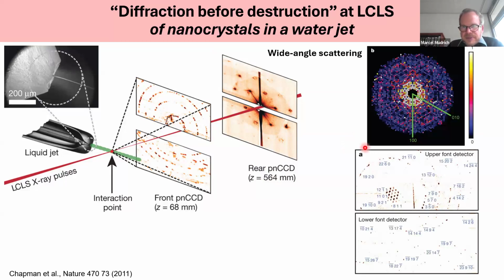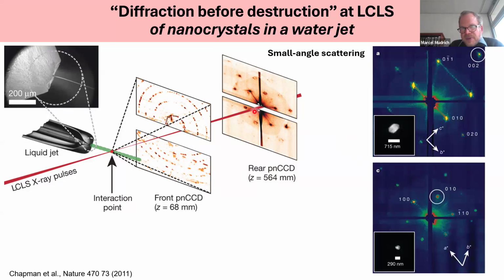Just to give an example of a scattering image recorded from the first detector that records the wide-angle scattering. There you can typically identify specific groups, which can be attributed to the atomic crystalline structure inside the nanoparticle, whereas at the small angle scattering, these patterns can be related to the overall shape, on the length scale of hundreds of nanometers.